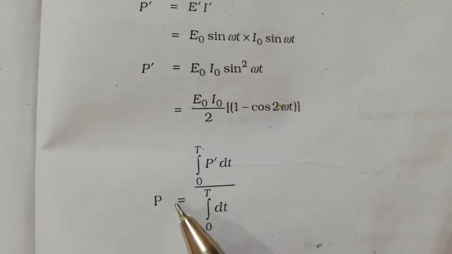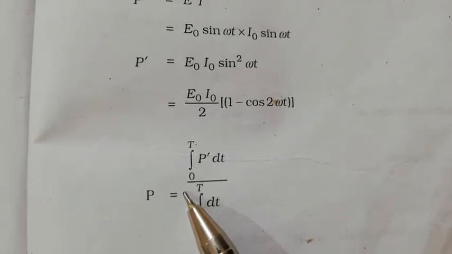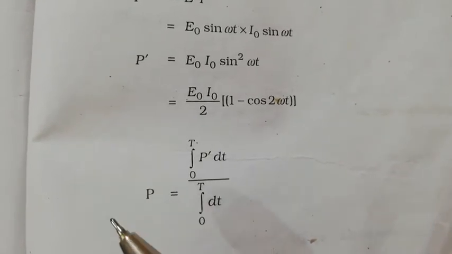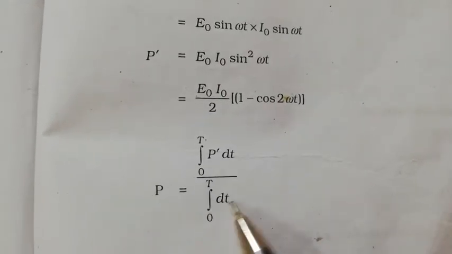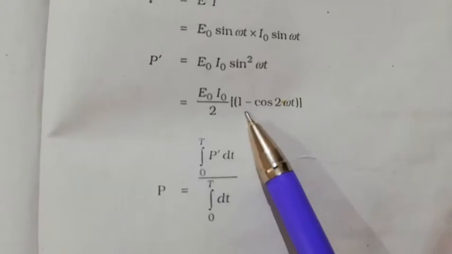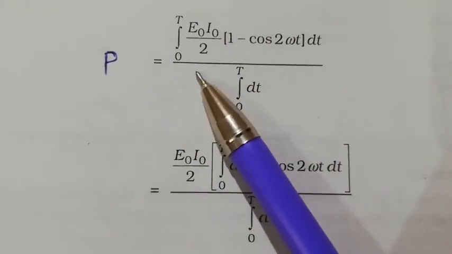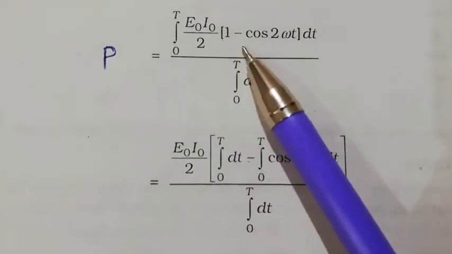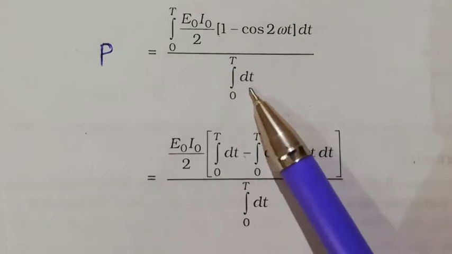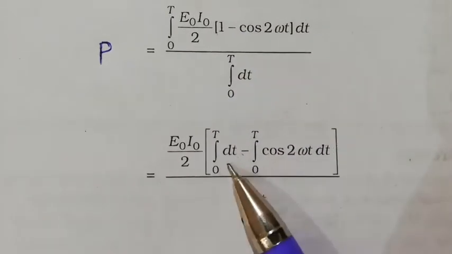Now we can apply this to the integral to find out the average power dissipated or developed during one complete AC cycle, that is the integral from 0 to T of P' dt divided by the integral from 0 to T of dt. In this, P' is substituted like this. By substituting in this power equation, it will be the integral from 0 to T of E0 I0 by 2 into (1 minus cos 2 omega t) dt divided by the denominator. We can split this 1 minus cos 2 omega t like this.